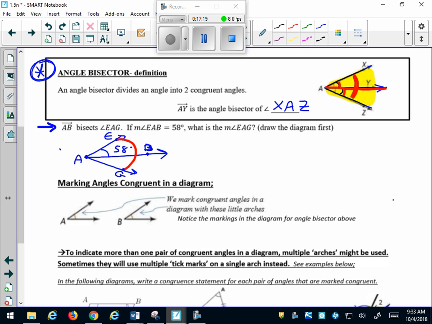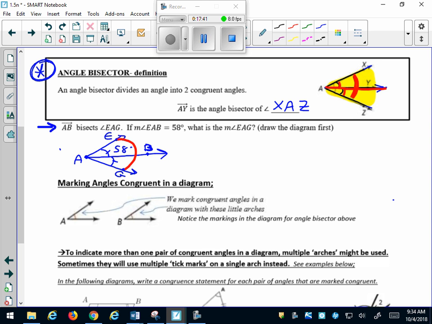Good. So since they're the same, because bisect means we could mark these two congruent, right? Whenever you see the word bisect, you should be thinking, aha, I could mark some things congruent here. Bisect is always going to mean that something is cut into two congruent pieces. All right, so they're congruent.